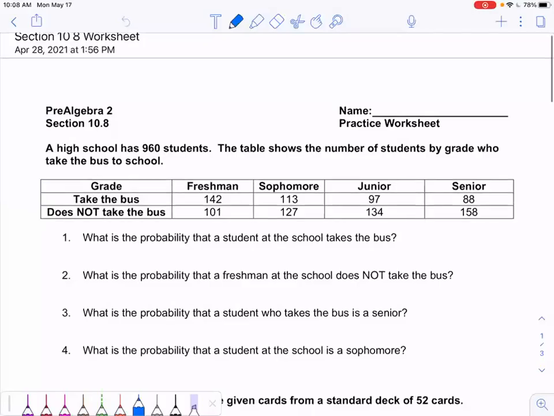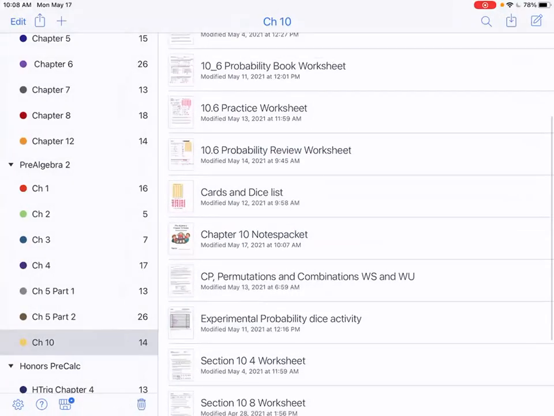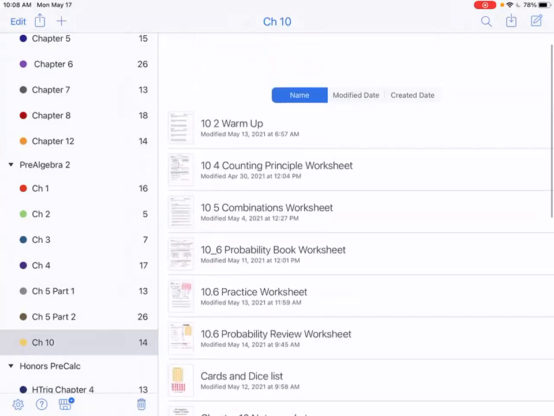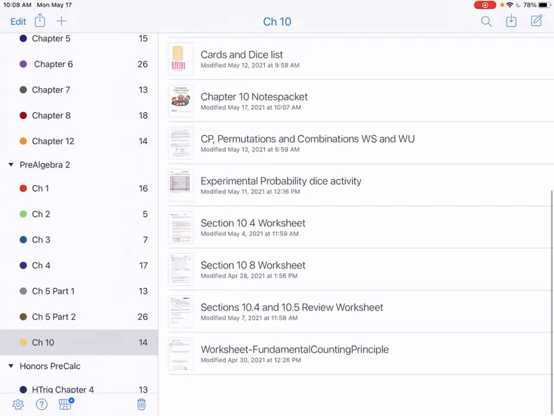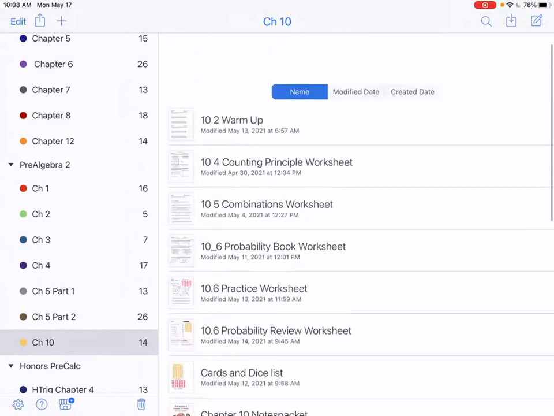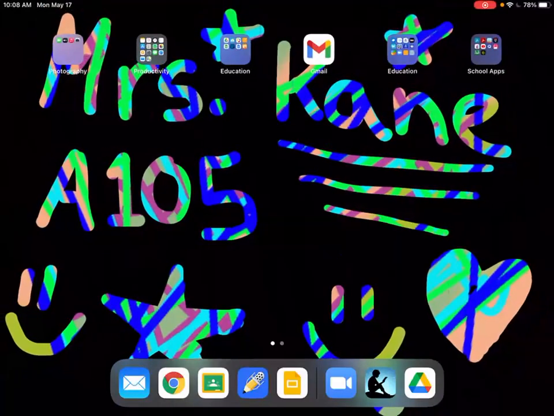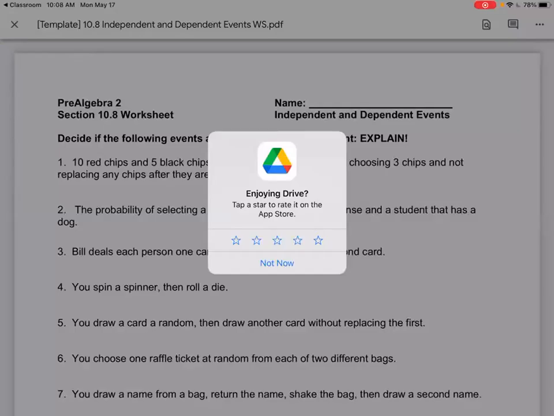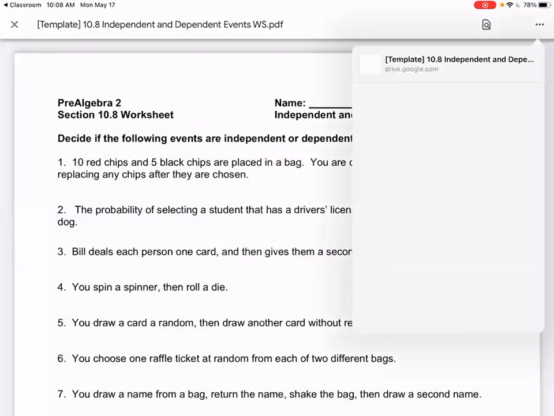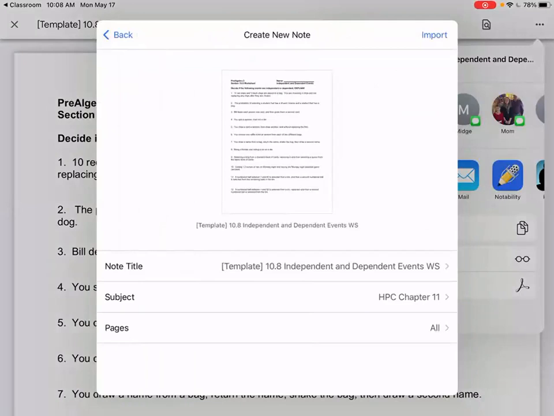Is it here? Send to replace. As he's sending it, you can change the subject. Oh, gotcha.